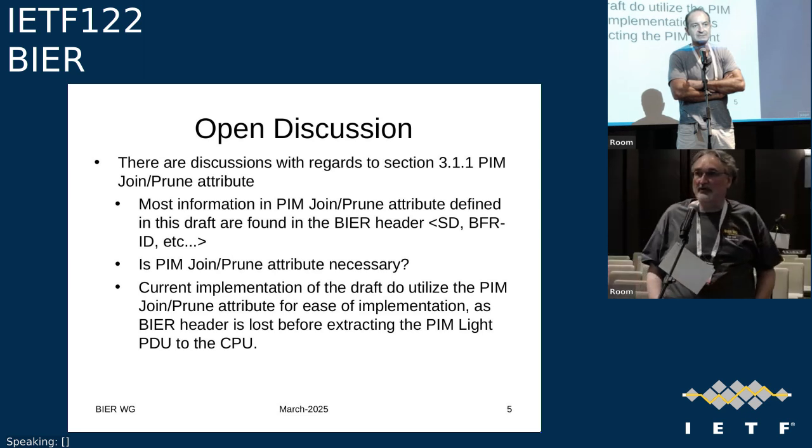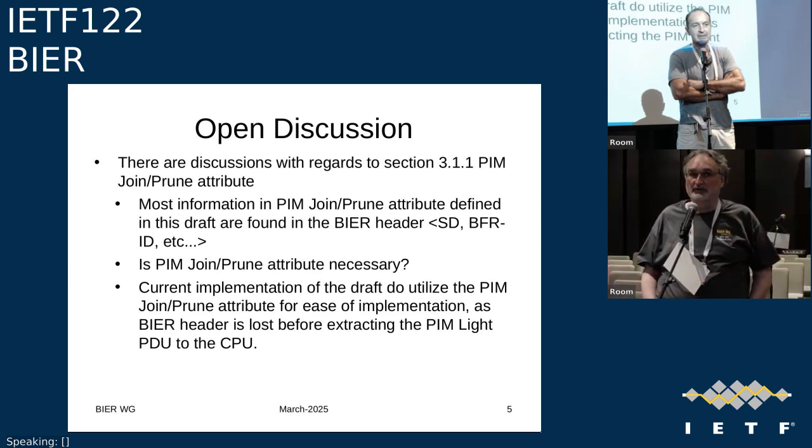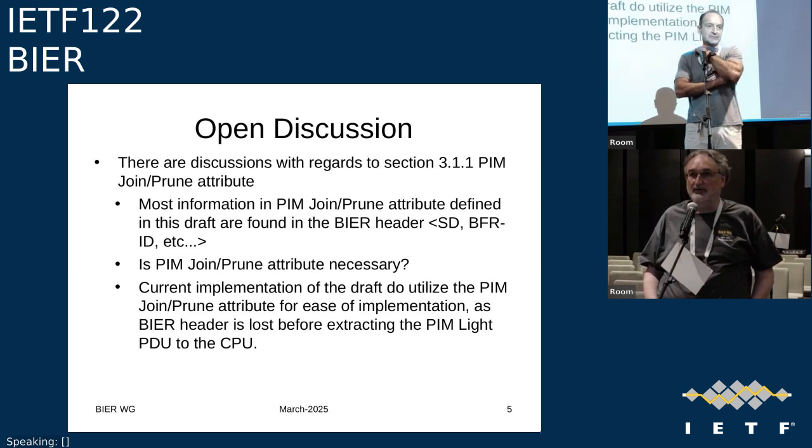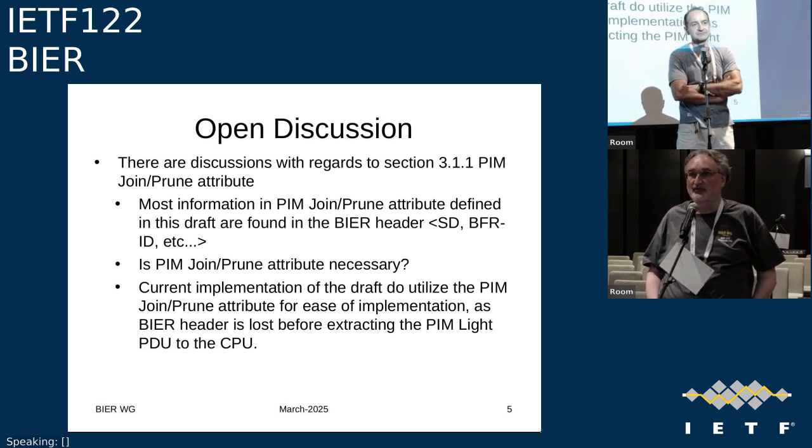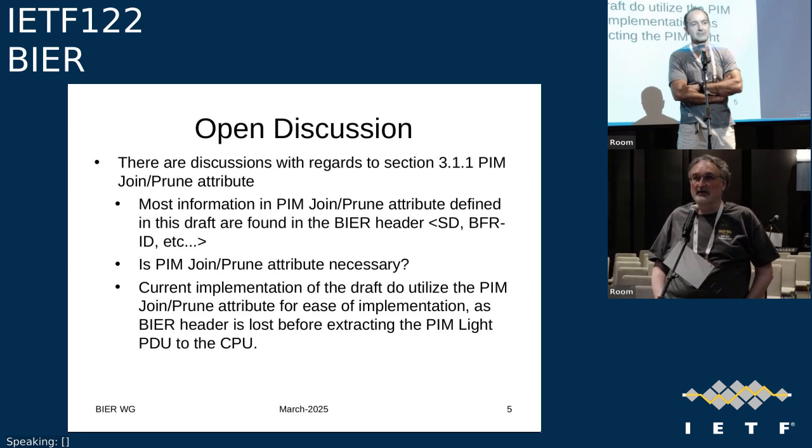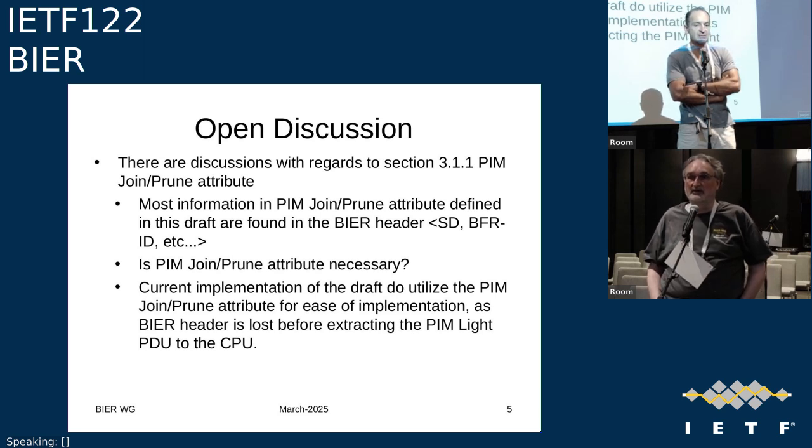Yeah, I thought for the case where you don't have multiple bits in different subdomains assigned to the same BFER, it would be good enough just to use the BFR ID IP address as the source address for the PIM join that you're sending to the BFR. And from that, the BFR in the control plane just determines the SD and the bit. That's true, but to give you an example, the support that we have for BIER is multi-instance.